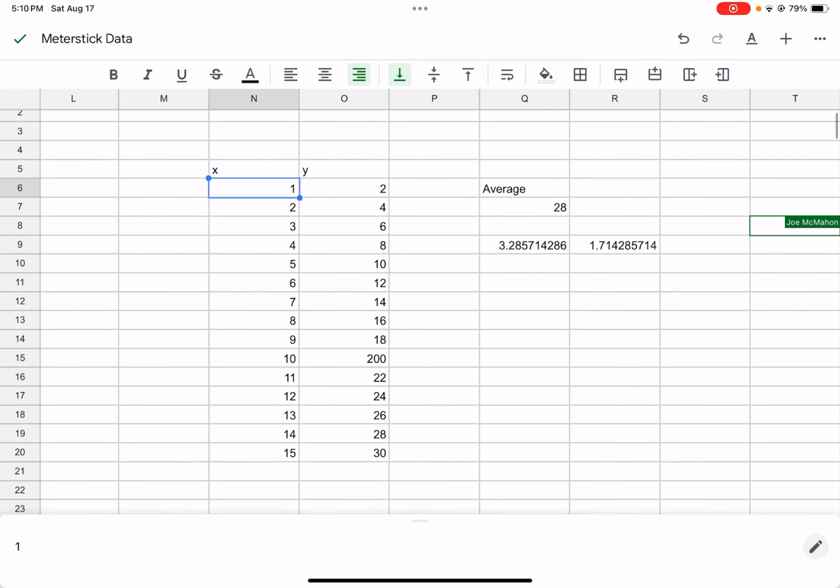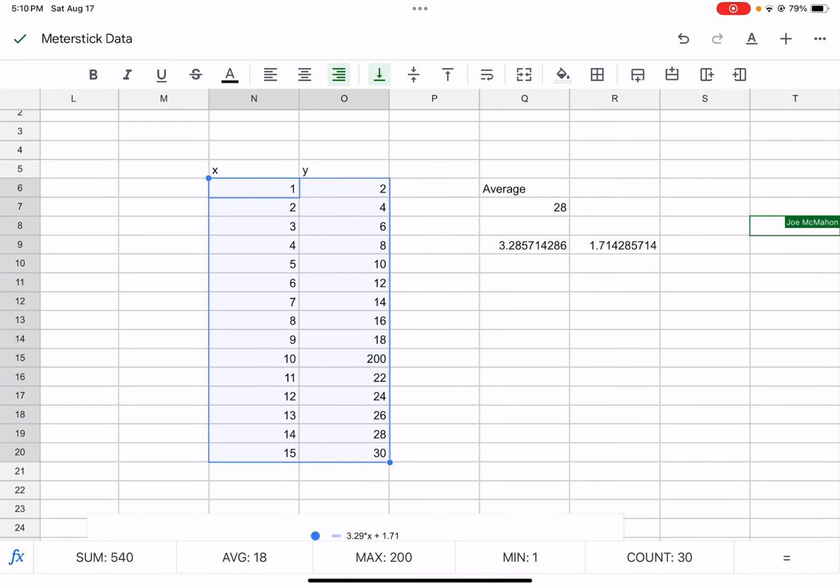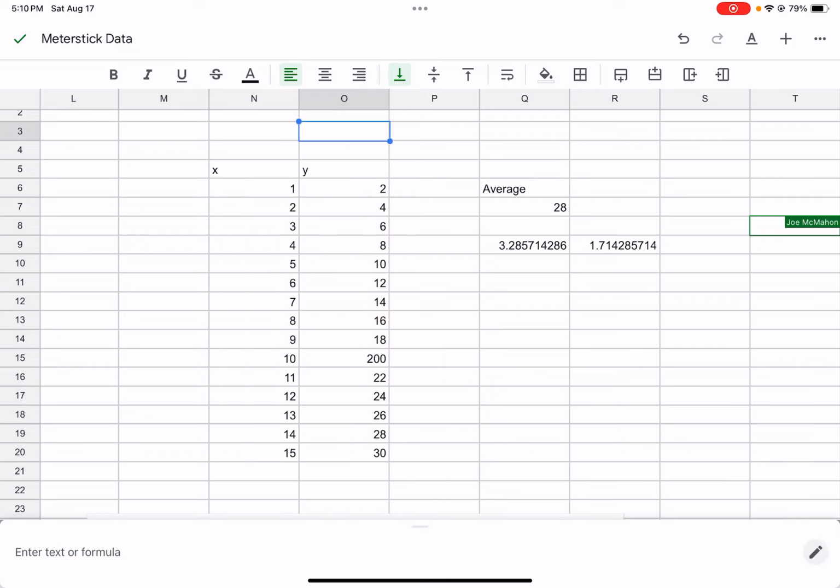I have this set of data that I just kind of put together. I wanted all the data points to be some kind of linear relationship. So this is basically the graph of y equals 2 times x, right? Really simple, with the exception of one data point. Instead of writing 20, I accidentally put 200. I purposely accidentally put 200.